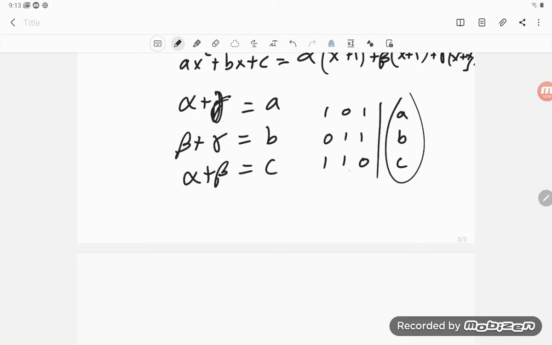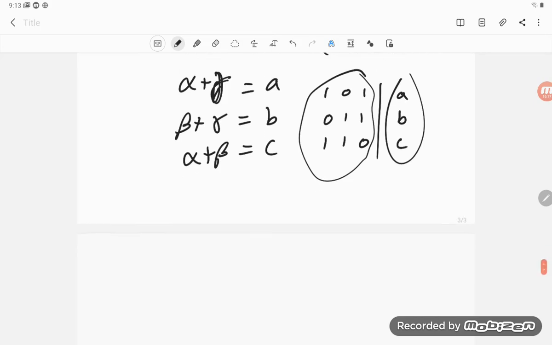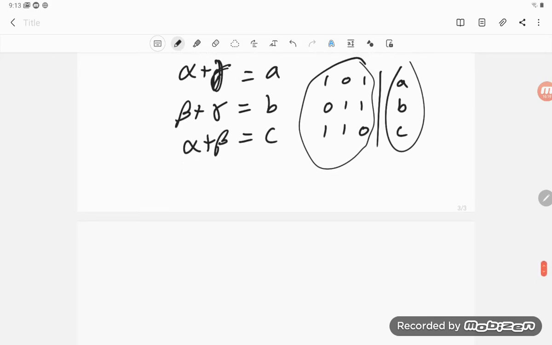The question is, is this over here non-singular? Because if that's non-singular, then I can always solve that no matter what A, B, and C are. And so there's the question. In order to get the span, is that non-singular?